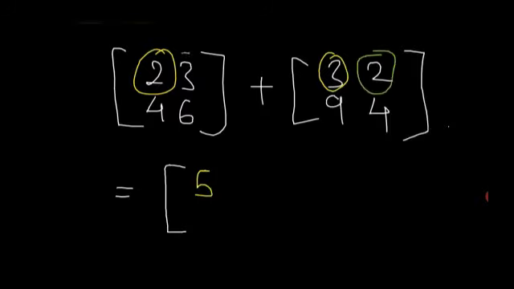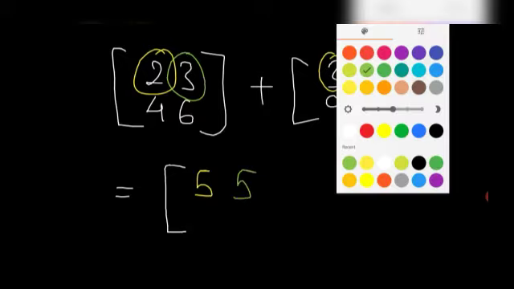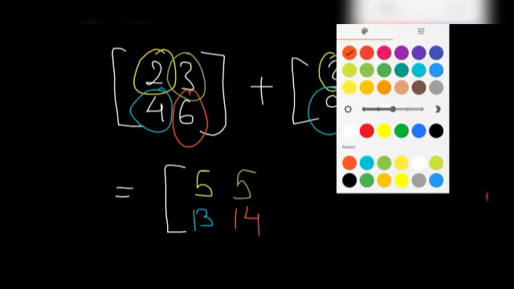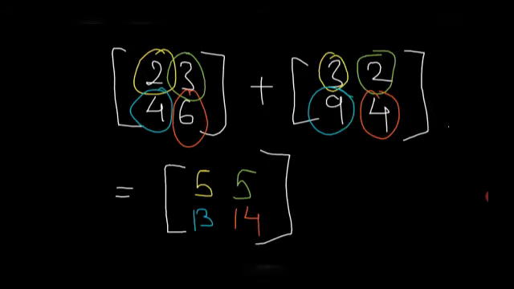Then take the second spot, just add it. Then take the third spot, as many spots as there can be, you add it. Then you take the last spot that is here and you just add it. This will be your answer, nothing else.